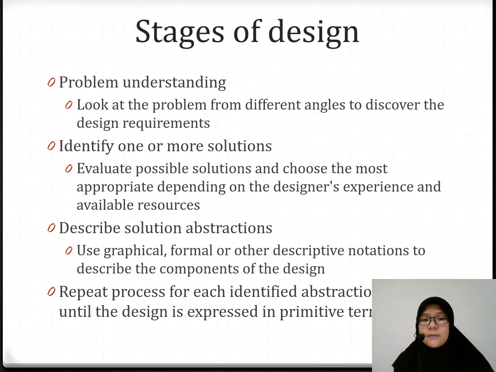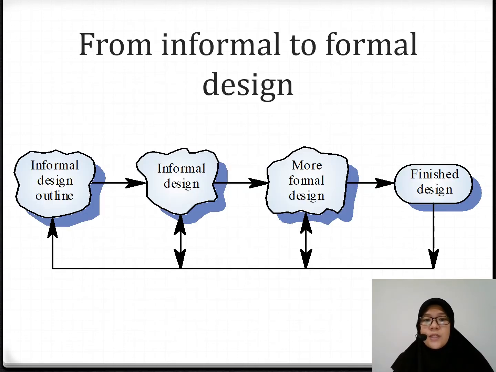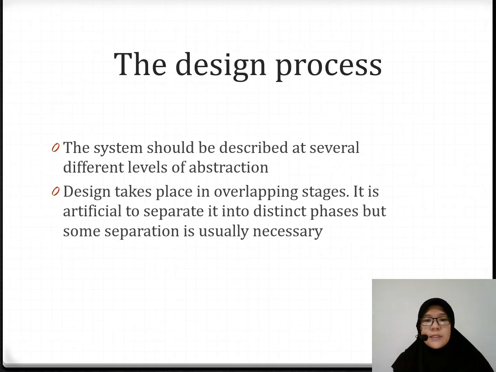Object-oriented design. And you may need to repeat the process again if your design is not satisfactory. Okay, then we have informal to formal design. Okay. So there are a few design stages.